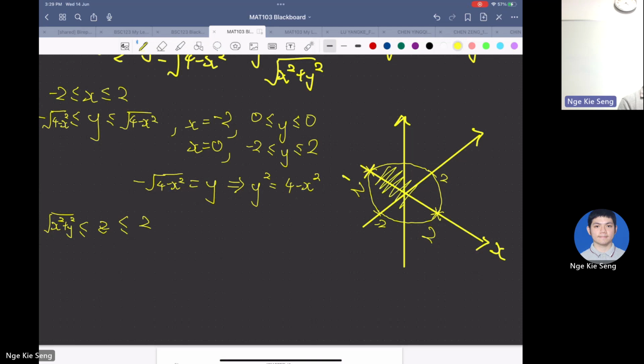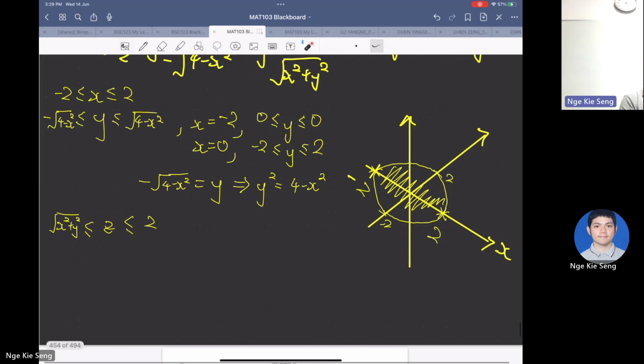So you have everything inside here. When you sub in different x, you get a different y. You consider all the radii between -2 and 2, so you fill up the whole circle. Can you imagine or not?